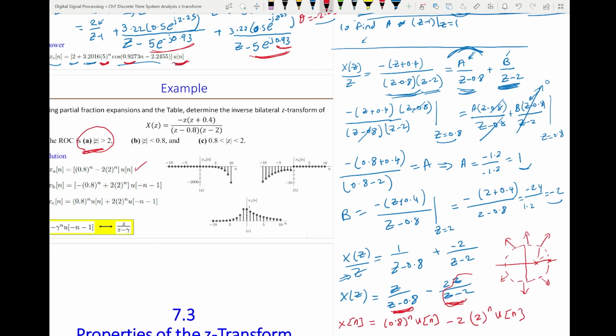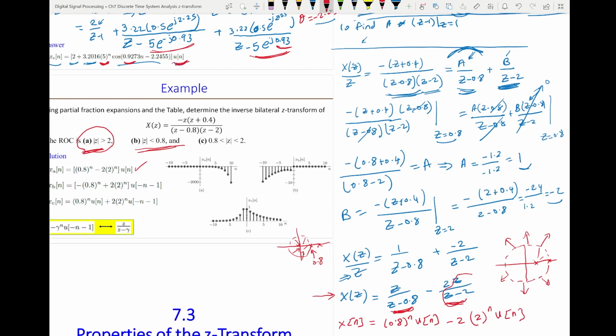Now for part B, z is less than 0.8. So the solution will be the same up to this point. But now when I do the inverse z transform, I have to look at the region of convergence. So let's plot here. This is 0.8, this is 2, and the region of convergence is inward since z is less than 0.8. So in this case, x of n exists for negative n. So it's anti-causal.